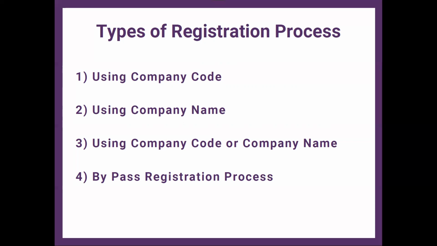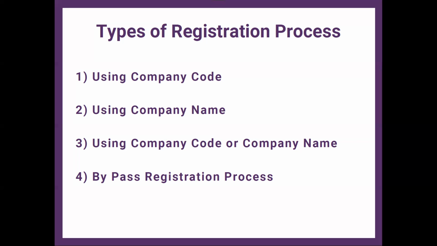If the user selects yes, then they have to enter the company code. If the user selects no, then they can use their company name. They can also register using a company name, or add a completely new company if it is not part of the system. So the user has the advantage to choose which type of registration they want to go with.